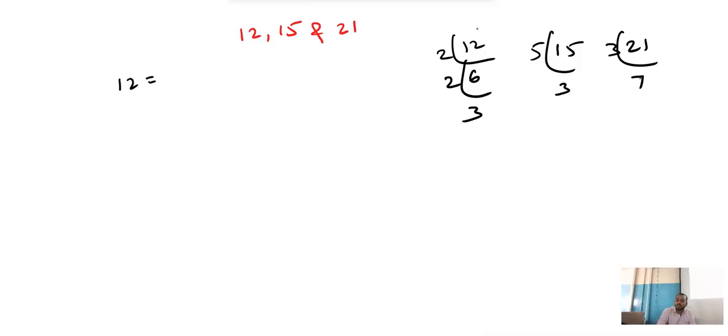So 12 factors, 2 square into 3. 15 factors, 3 into 5. 21 factors, 3 into 7.